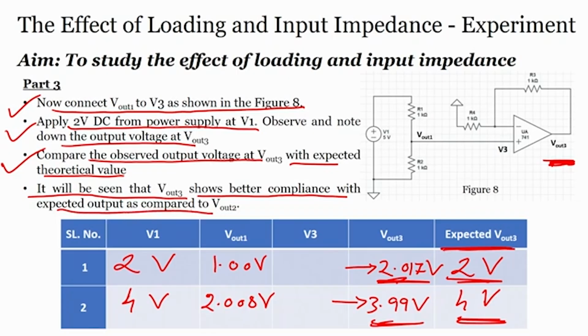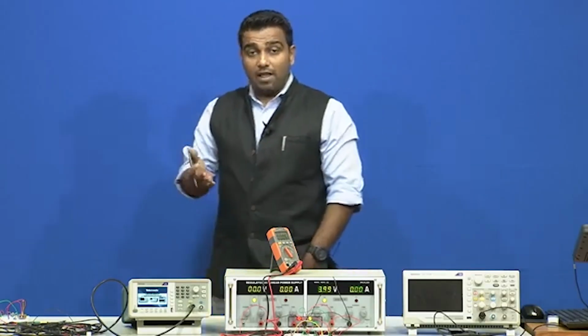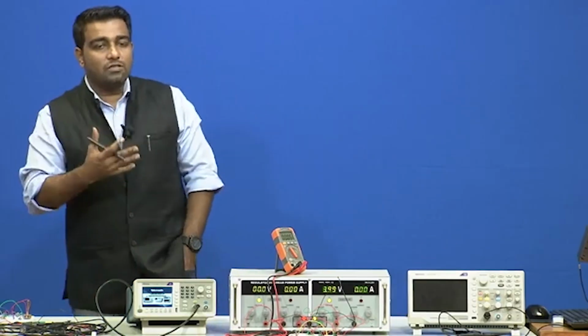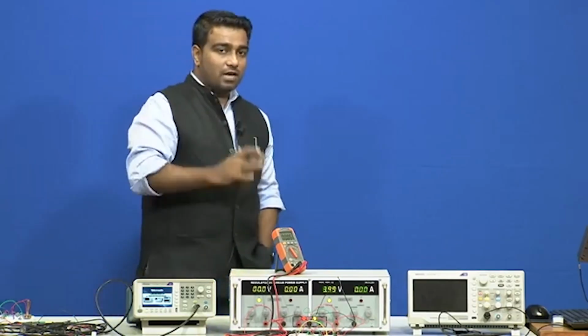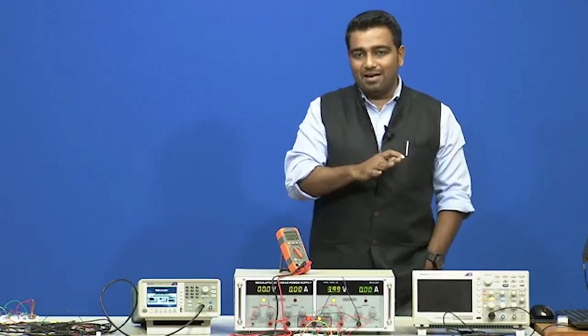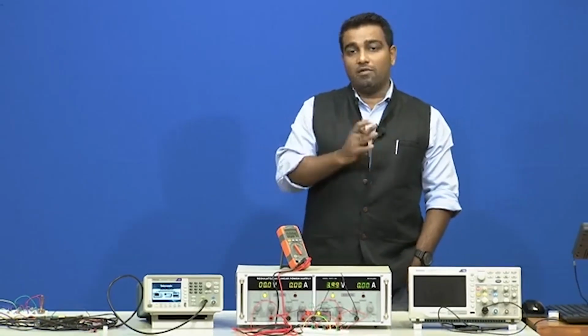So, the point here is that if I integrate my non inverting amplifier with the potential divider as the circuit, instead of using the inverting amplifier with the potential divider, then I would see that the loading effect in the case of non inverting amplifier would be extremely less or negligible compared to the inverting amplifier.